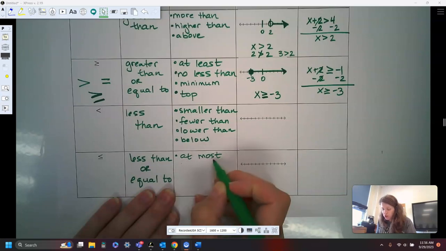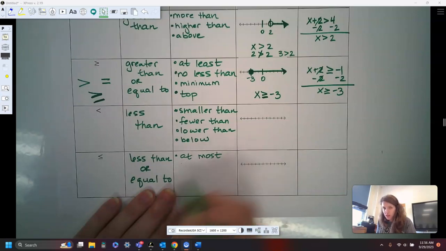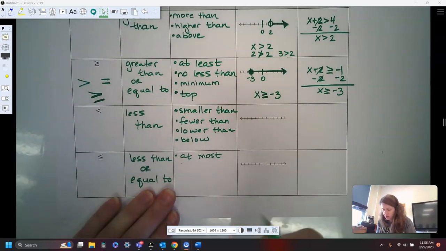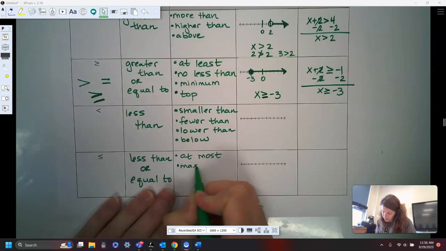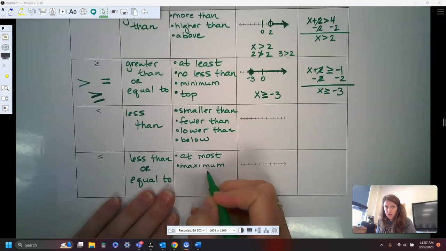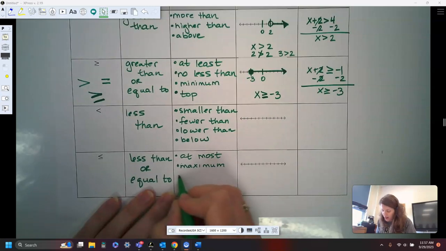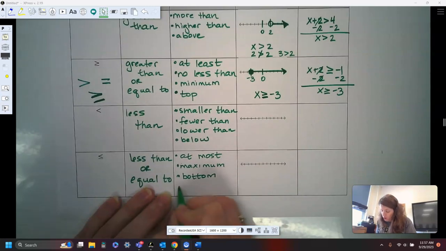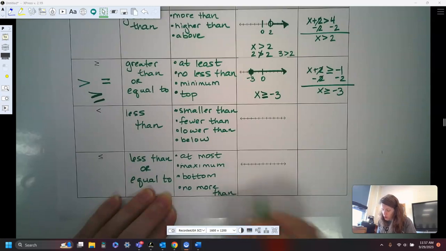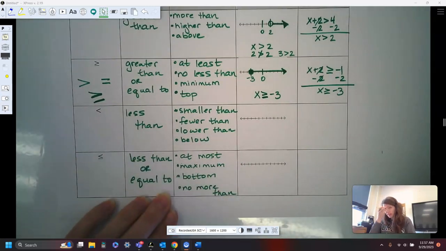So I can have at most 25 students would be less than or equal to 25, whatever I gave as the example there. Maximum, opposite of minimum, right? So less than or equal to means I can go no higher than that. Bottom, no more than. Okay, all words that I might use when I'm looking at less than.